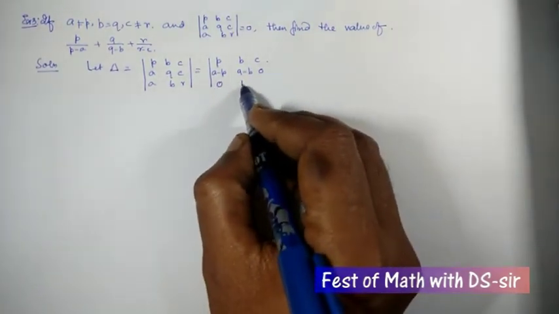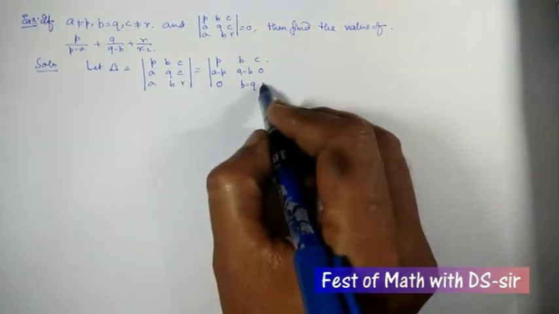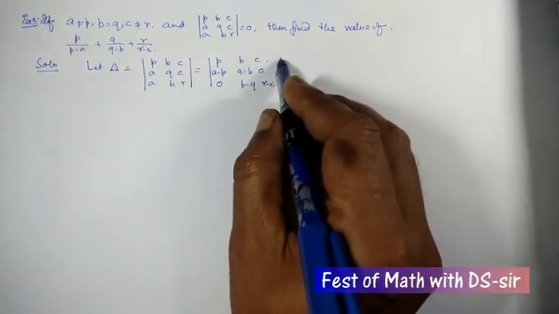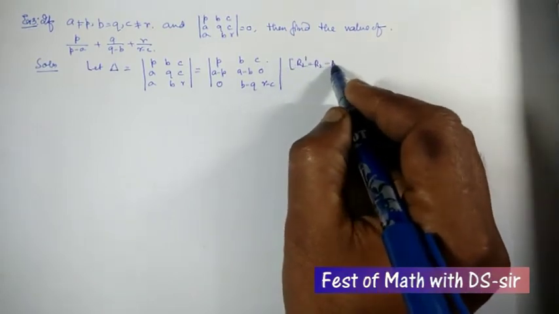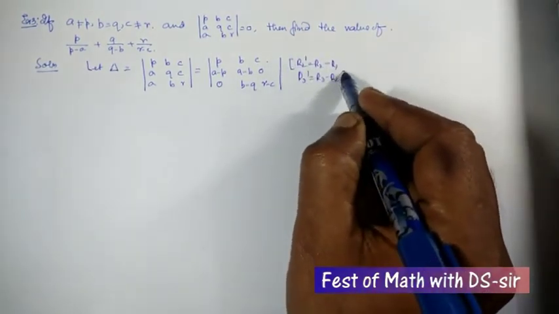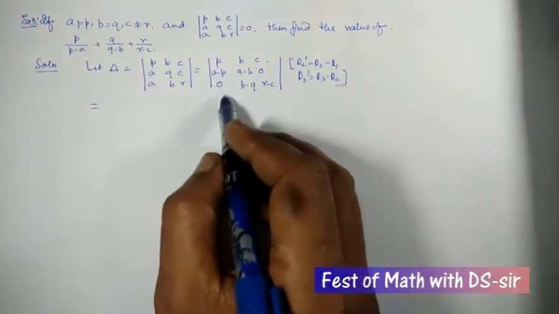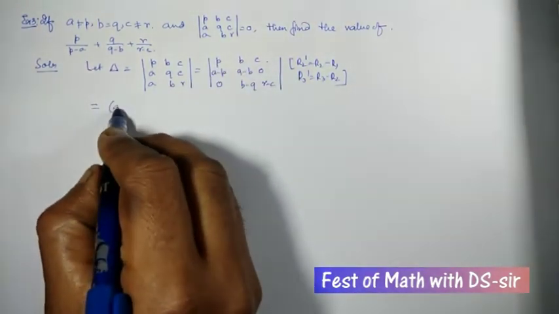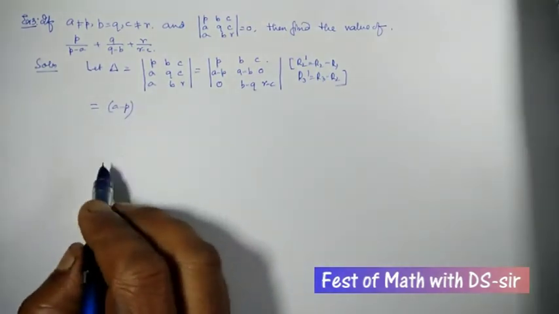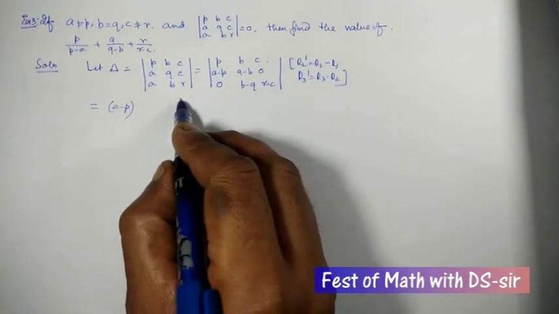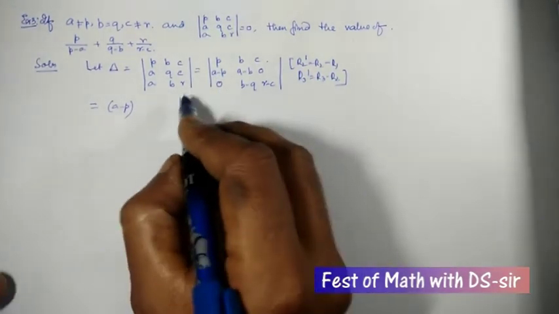That is B minus Q, and this is R minus C. What I have done? Now I divide this column by A minus P. So I have to multiply the determinant with A minus P to keep the value same.